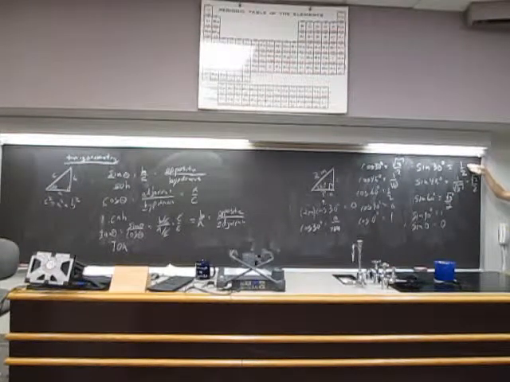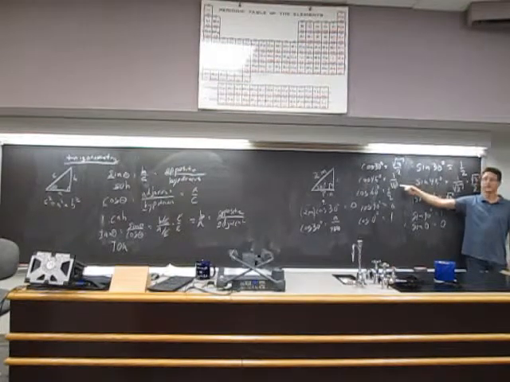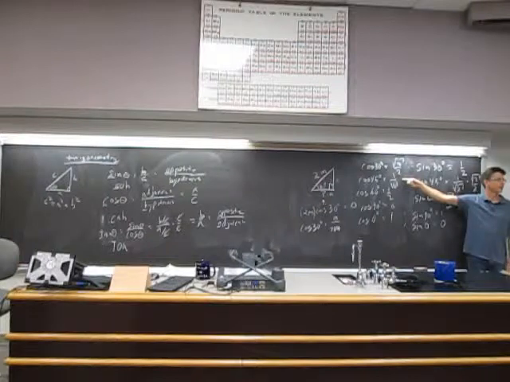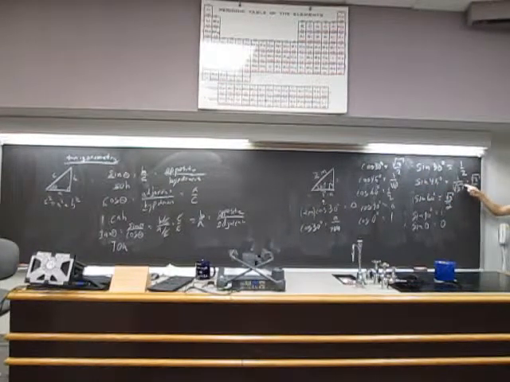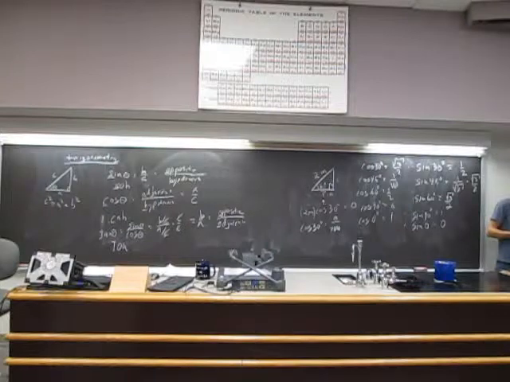Add them together, what do I have? 1. 45 degrees, 1 over root 2. If I square this, I get 1 over 2, so 1/2. Add these two together, squared, I get 1. Same thing for every angle.